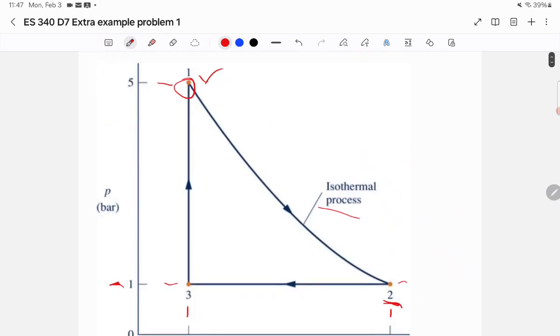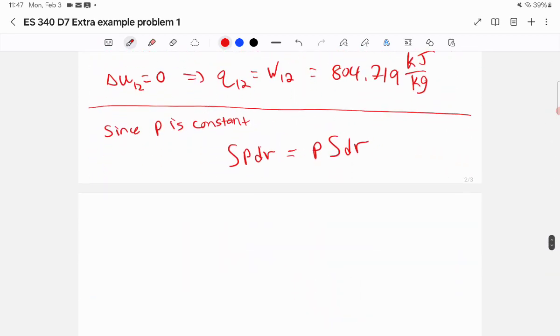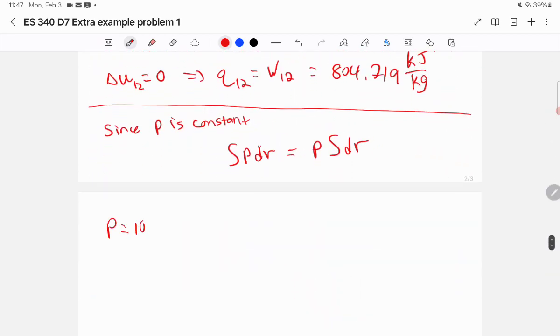And the constant was at 1 bar, which is 10 squared kilonewtons per meter squared. It's also kilopascals, right? We call this unit as well kilopascal. Okay, and so that means that P delta V basically is going to be my work.